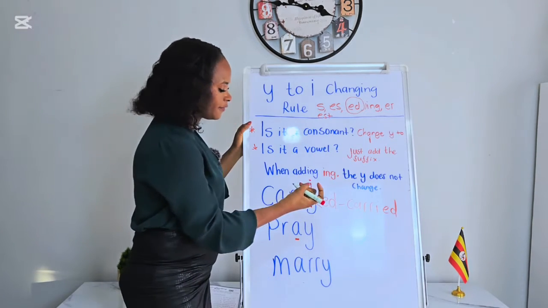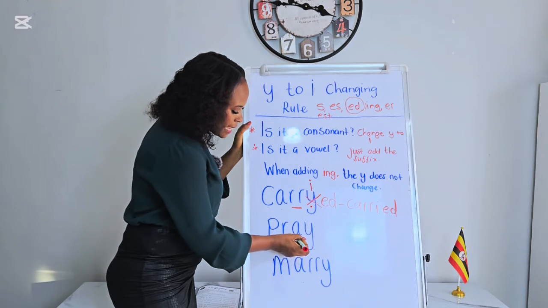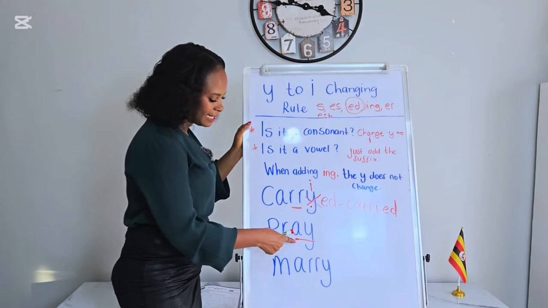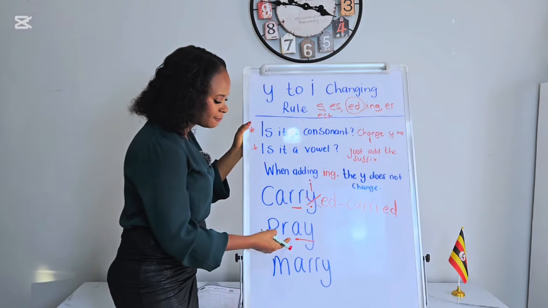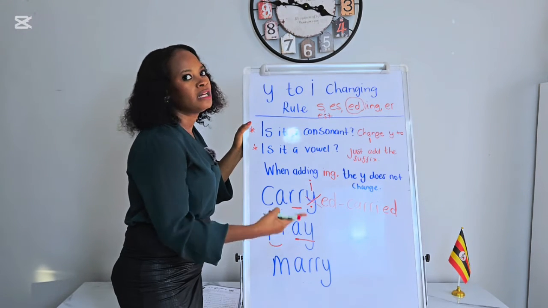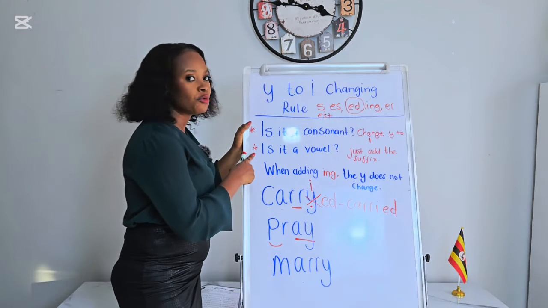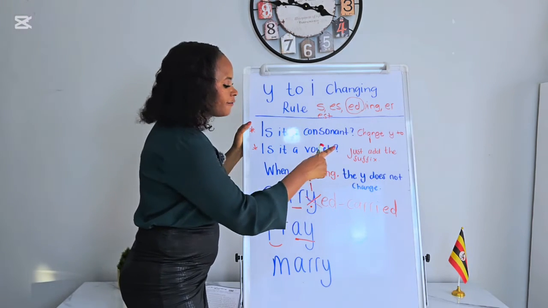Just add the suffix. Okay, let's read the word. Okay, let's pay attention to the letter before the Y at the end. Which letter is this? Letter A. Is it a vowel? Yes, it is. What does the rule tell us? If it's a vowel, just add the suffix.